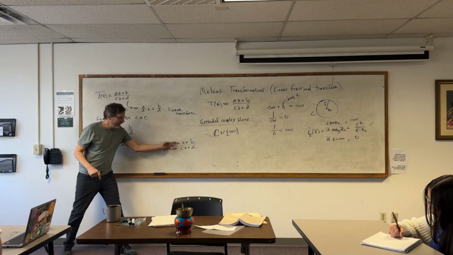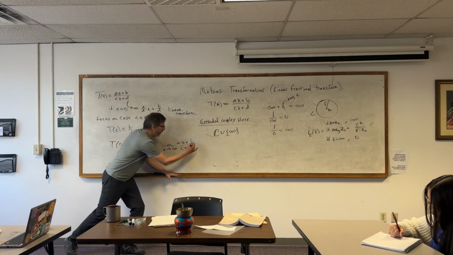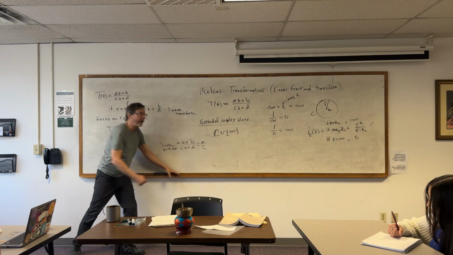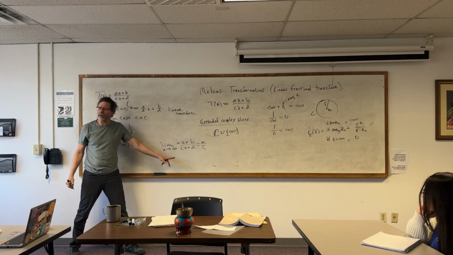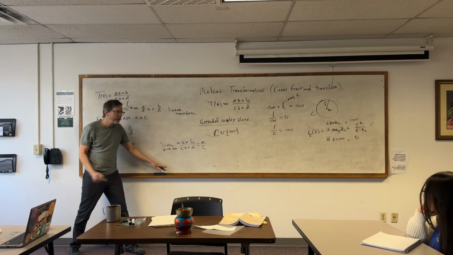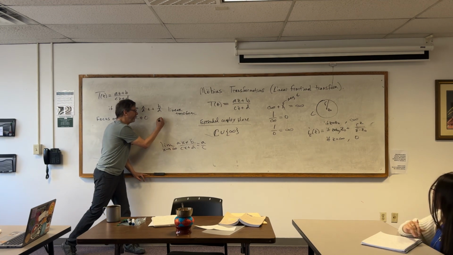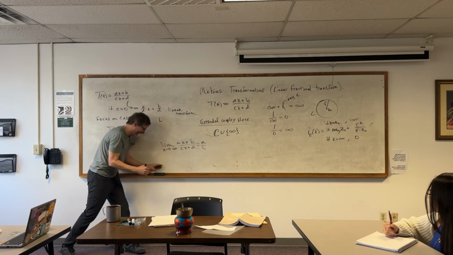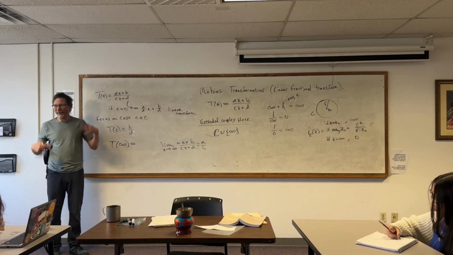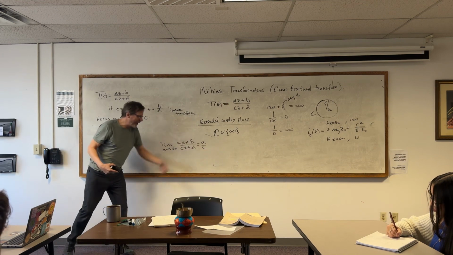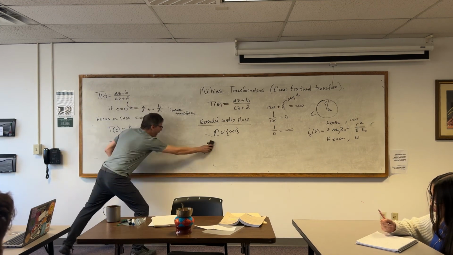So it's the ratio of these coefficients from good old calc days. Infinity over infinity, how did you do that in calc? What rule? Yeah, L'Hopital's rule. So you could L'Hopital that and see that it was also A over C. So that is our answer here.